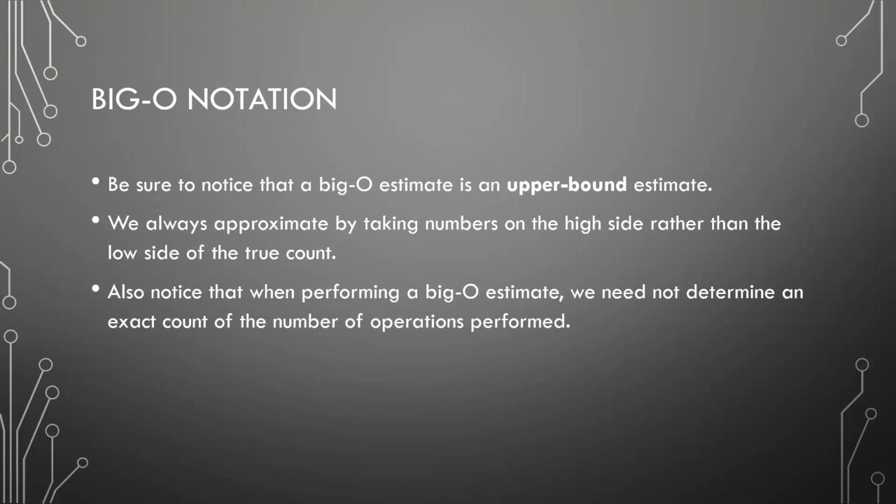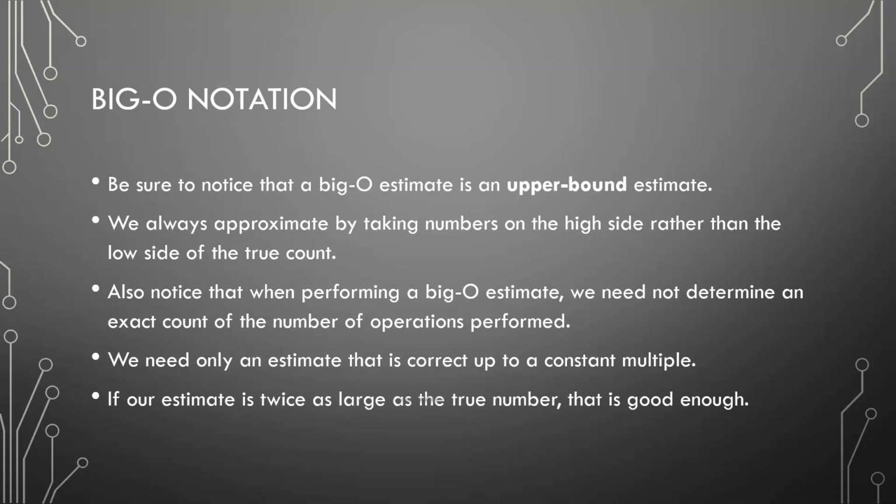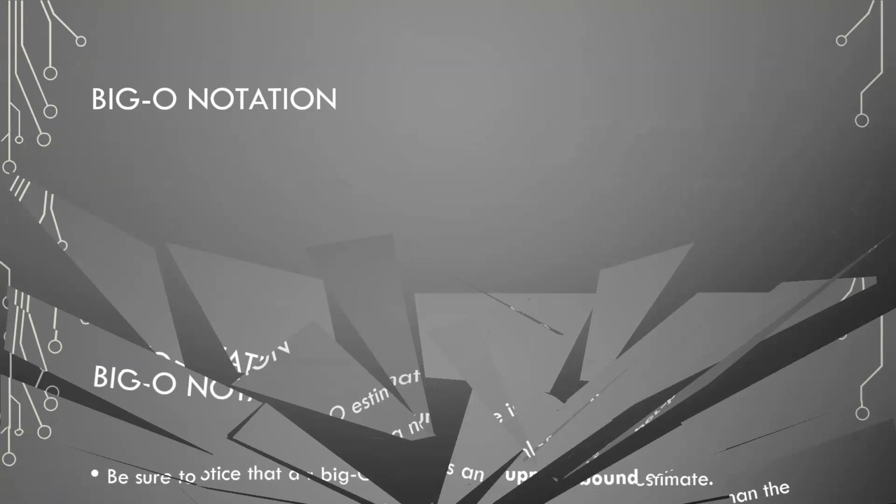Also notice that when you're performing a big O estimate, we need not determine an exact count of the number of operations being performed. We need only an estimate that is correct up to a constant multiple. Now, if our estimate is twice as large as the true number, that's fine, because again, we're looking at the upper bound.